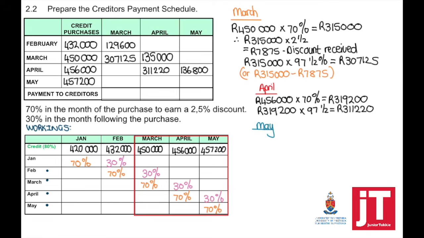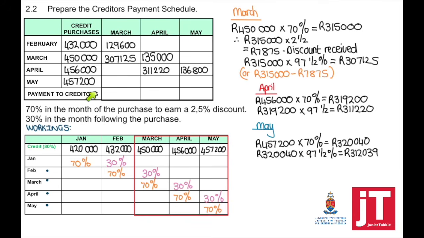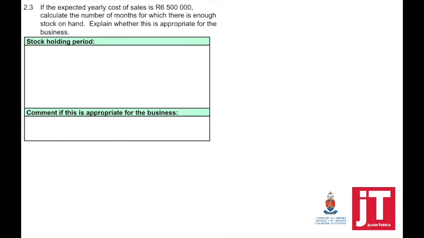And for May, we need to do exactly the same. First, work out the 70% of the total credit purchases and then times 97.5%. And that is the expected payment to our suppliers. Once we've done that, we can now total what we expect to pay in March, in April, and in May to our suppliers.